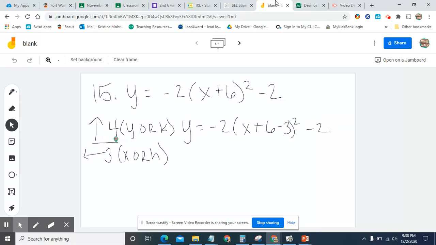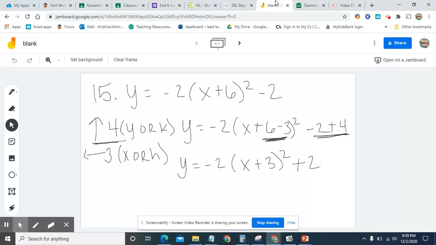So I'm going to say -2, but now it moved up 4 spaces. And then we're just going to simplify. We can simplify 6 minus 3. So y equals -2, and then x, and then 6 minus 3 is 3. So we say plus 3 squared. And then we can also simplify -2 plus 4 to get a +2.